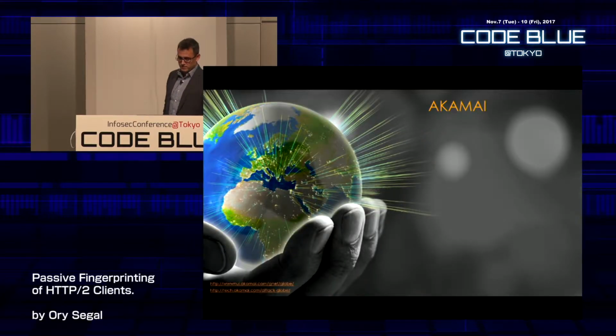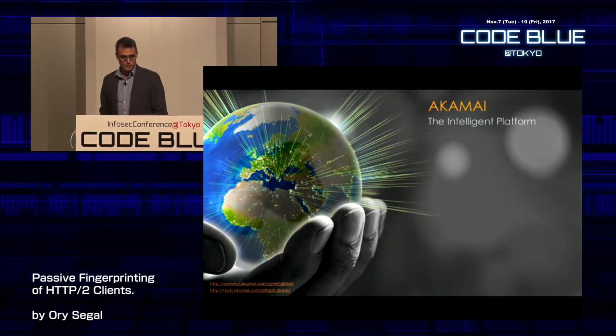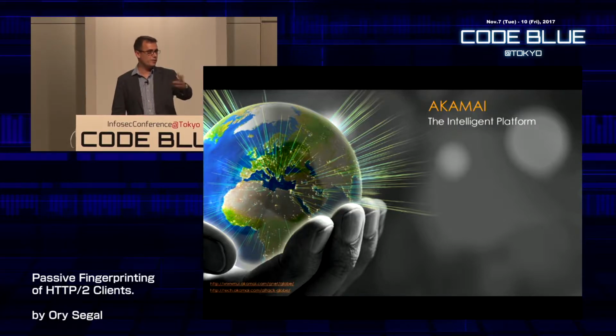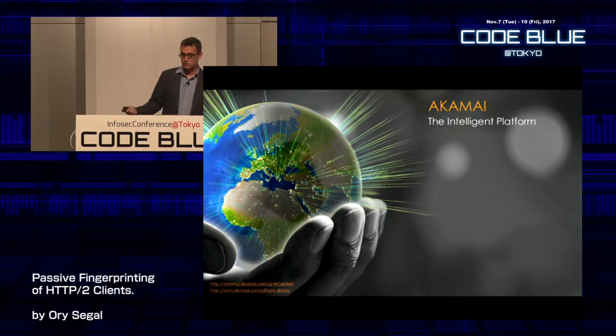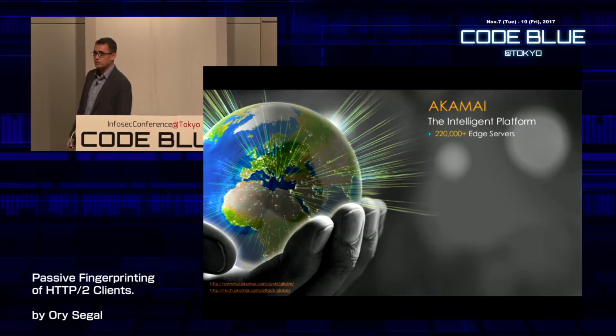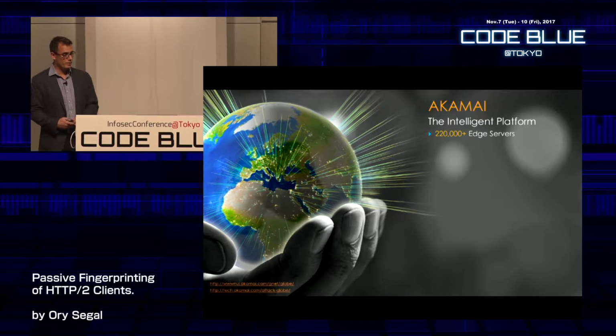So a few words about Akamai. Again, this is not a sales pitch. Akamai is the world's leading CDN platform. It's been around since the 90s. I'm pretty sure that most of you have heard about Akamai. And if not, you're probably using Akamai now with your computers. We have deployed over 200, now it's actually 250,000 edge servers across the entire web.